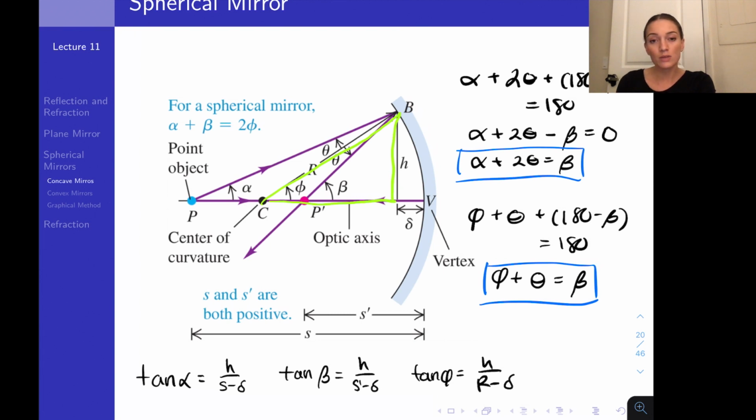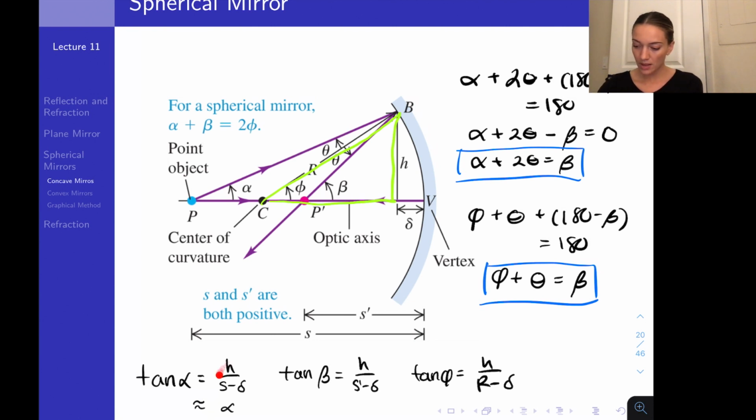Remember, the small angle approximation that we did a couple of lectures ago: sine of theta is equal to theta, and tan of theta is equal to theta at small angles. So since we're looking at only small angles, tan alpha is just about equal to alpha.